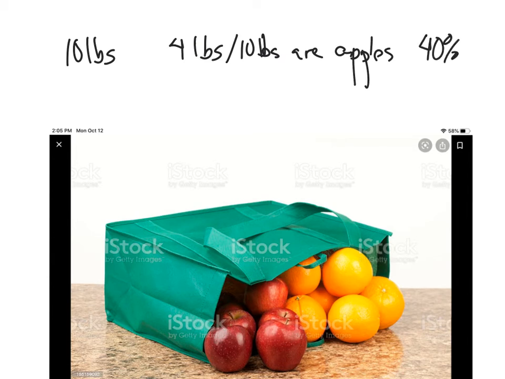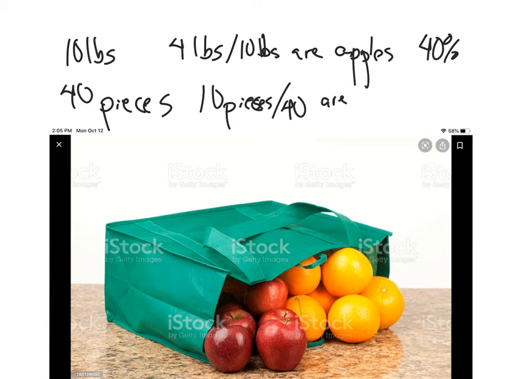But you could also say, hey, there are 40 pieces in there, and out of the 40 pieces, 10 of the pieces are apples, which would mean that it's 25% by number. The top one, obviously with the pounds, would be by mass. This would be 25% by number.